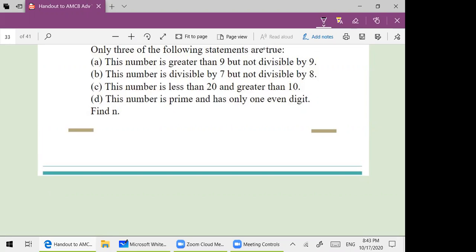And just to clarify, n equals the number in question.